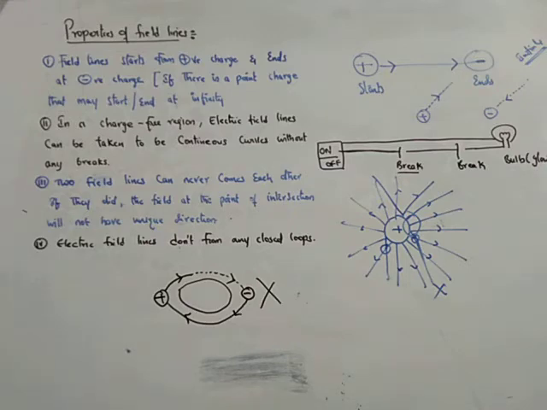If you have any breaks, that type of field line also won't exist. Third, two field lines never cross each other. If they cross, that type of field line also won't exist. And fourth, field lines do not form any closed loop. So it always starts from positive and ends at negative. We don't have a chance of negative to positive.